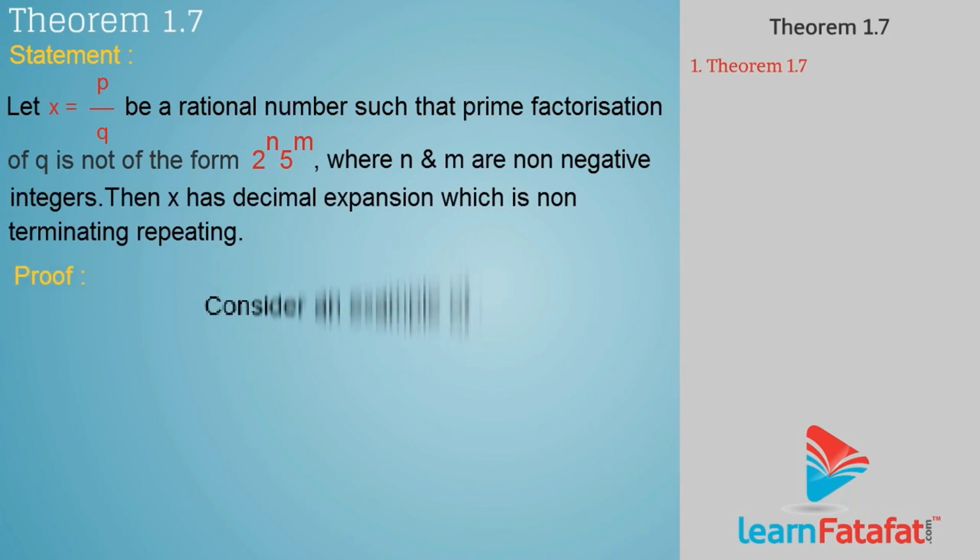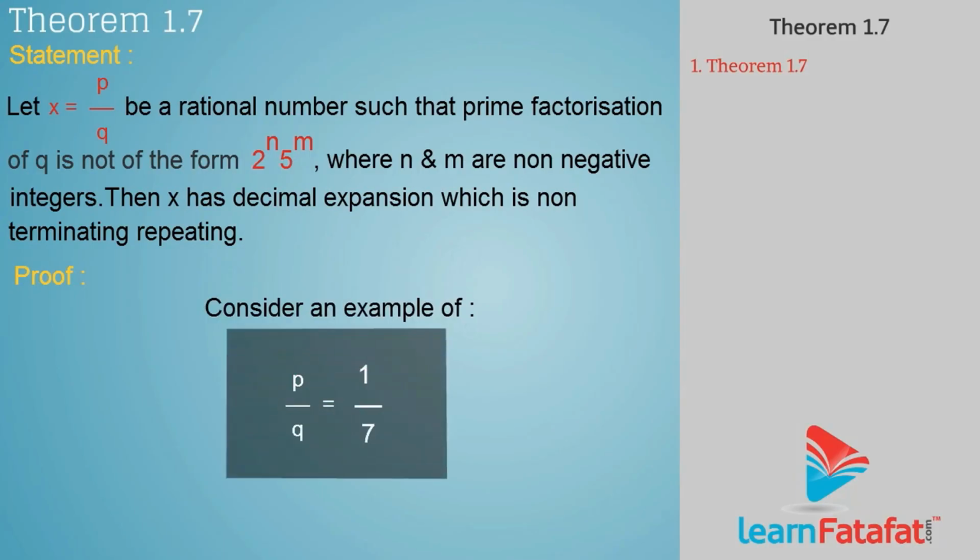Proof. Consider an example of p/q equal to 1/7. Here q, that is the denominator 7, is not of the form 2^n × 5^m.